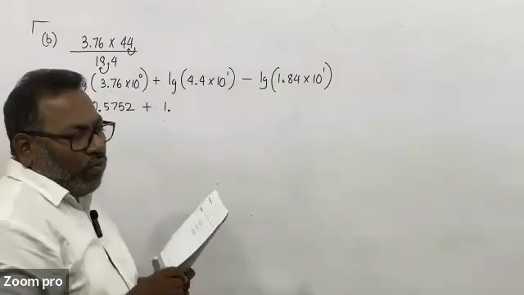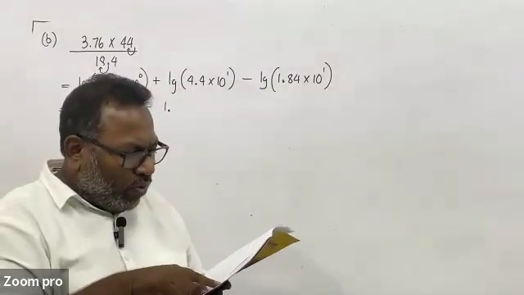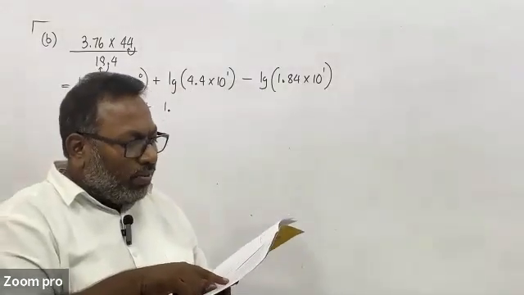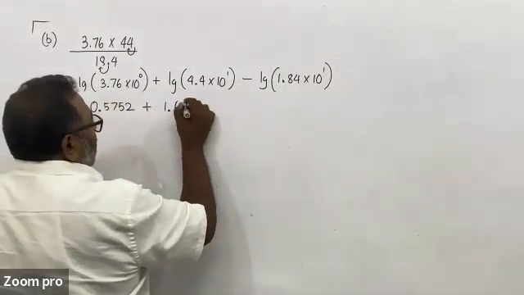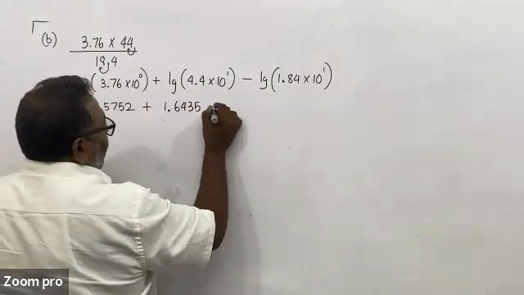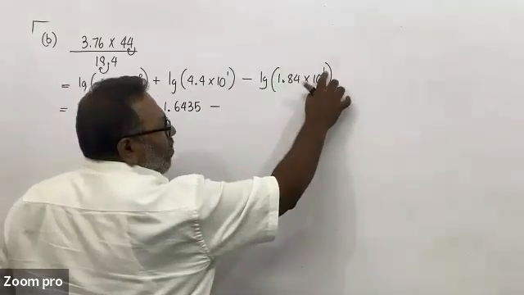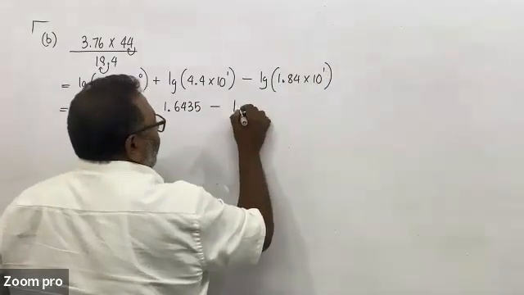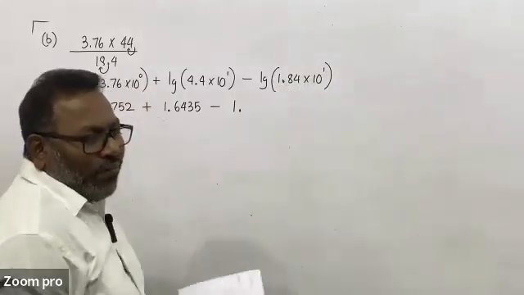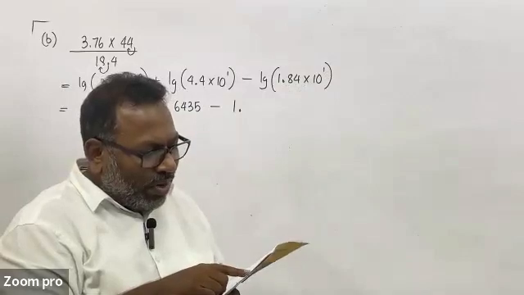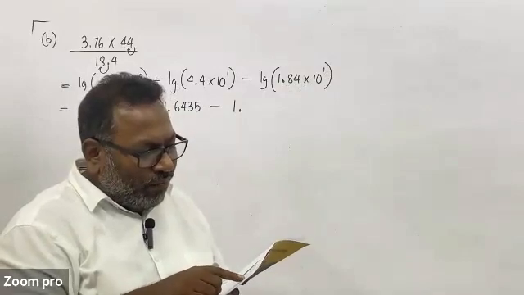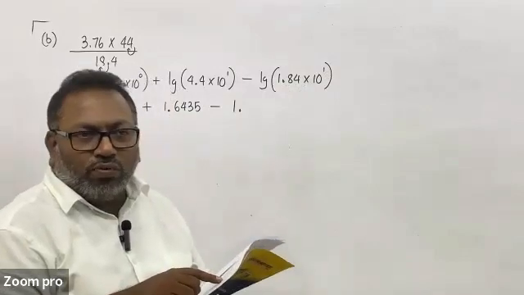Look for 4.4 in your log table. 4.4 is 6435. 6435 minus, again the characteristic is 1, so 1 comes in front. 1.84. So look for 1.84. 1.84 is 2648.